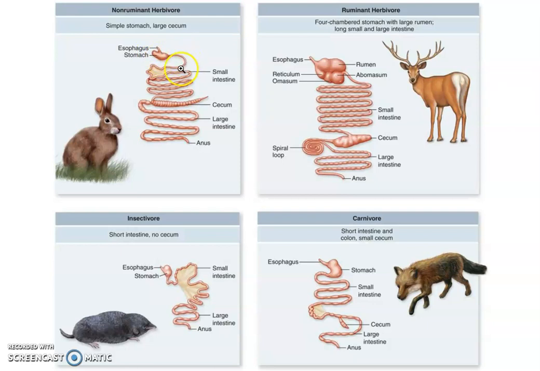From there, it moves into the small intestine and eventually into the large intestine and out through the anus, whatever doesn't get digested. Some species have a structure called a cecum, which is a blind pouch that usually occurs right at the juncture of the small intestine and the large intestine. So we're going to be talking about all these different parts and how they differ depending on what the mammal eats.